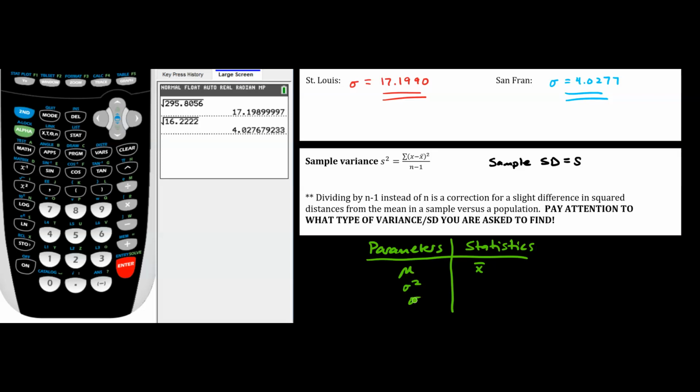That's population variance and population standard deviation, and its corresponding statistic would be s squared and then s. And try to remember that statistics are always reflecting what's happening in a sample, whereas parameters are always reflecting what's happening in a population. We'll continue to use these symbols and this vocabulary throughout the remainder of the class, so it's definitely really important to master it right now.